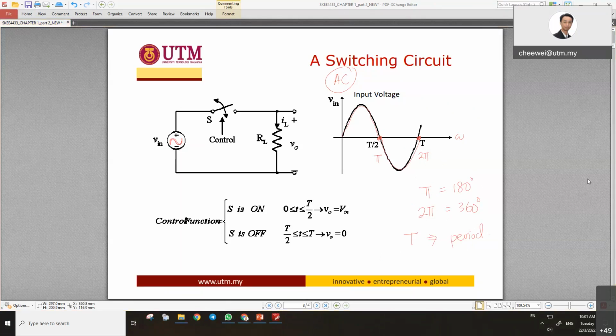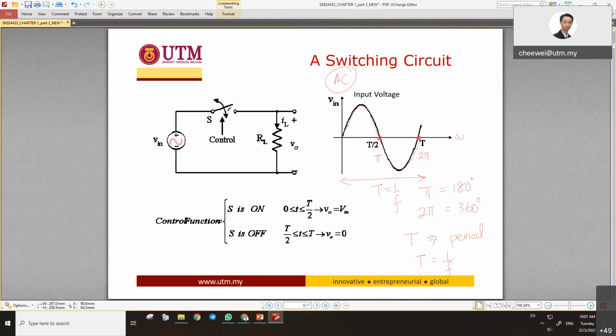T equals 1 over F, which is the frequency. Please remember those basic things. T is 1 full cycle. You learned that in the second year already. T equals 1 over F. You're going to apply all this knowledge in the calculation later.